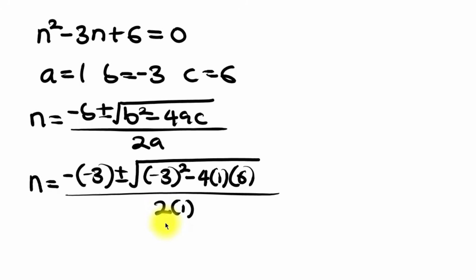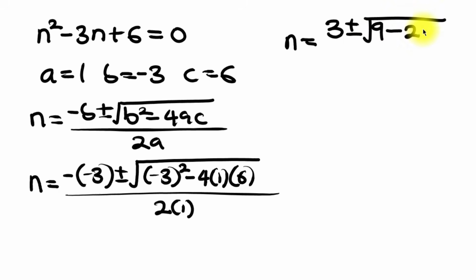Good. Now let's simplify. So n will then be negative times negative is positive, so we have positive 3 plus or minus the square root of, this is negative 3 squared is 9, minus 4 times 1 times 6, that will be 24. Good. All over 2 times 1 is 2.